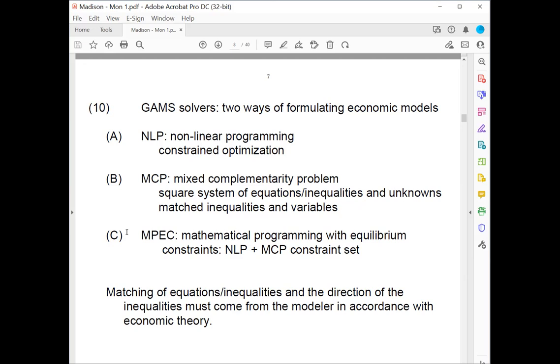And then something we won't go into, but I have in my portfolio of examples on my website, is MPEC, mathematical programming with equilibrium constraints. It's basically a nonlinear programming problem where the set of constraints on the maximization or minimization problem is itself an MCP. I've shown how to use this in some examples on my website for finding an optimal tax.